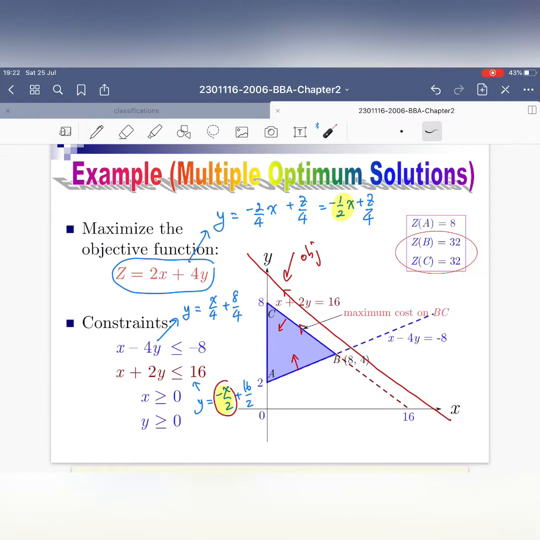For example, this point, sorry, not 8 0, 0 8: you plug in 8 here, you have 32.